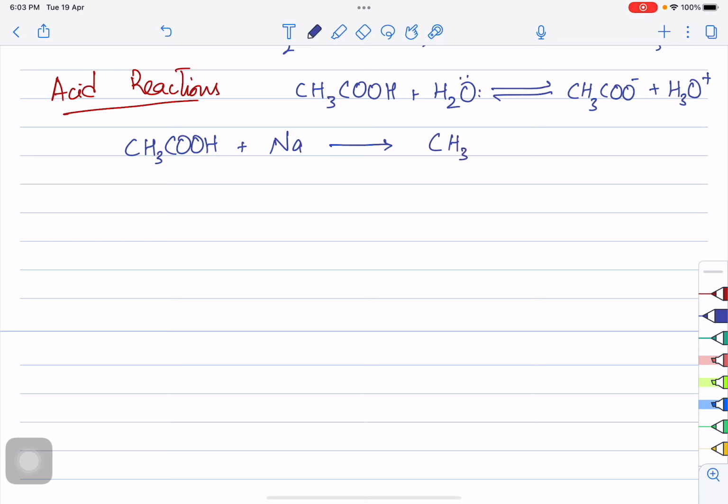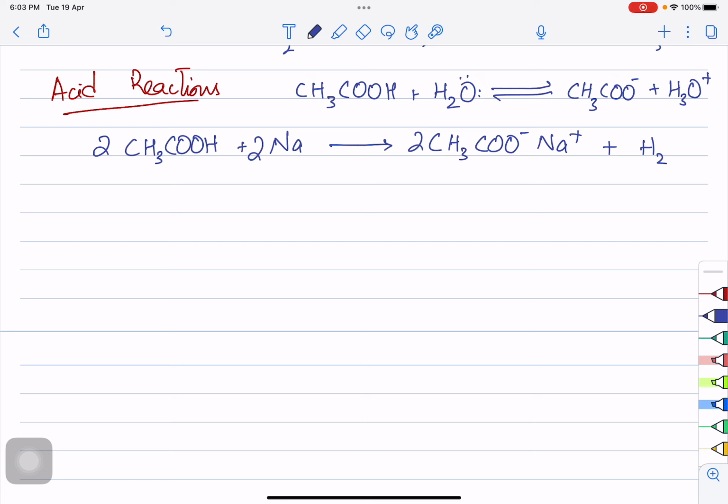So I will see sodium ethanoate being made. अब मुझे कैसे पता चलेगा कि मैंने सोडियम कहाँ लिखना है? जहाँ H रिमूव किया वहाँ पे लिख देना. And that's how you make this an ionic compound, and I'm going to get hydrogen gas. Obviously I'll need to balance this out, and there you go. So ज़्यादा reactive elements के साथ ये react करता है. You can just balance it out by putting half hydrogen.